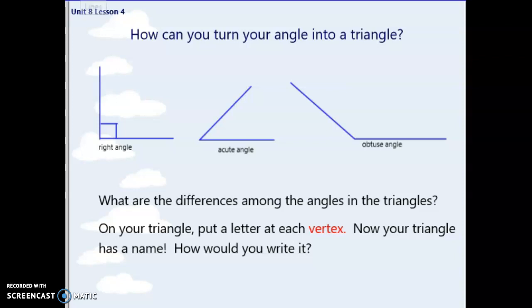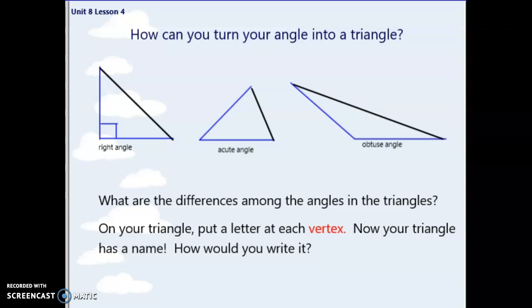Now, will you go ahead and close your shape into a triangle, like I'm doing? And we have 3 triangles that now have the name of their angle in them.